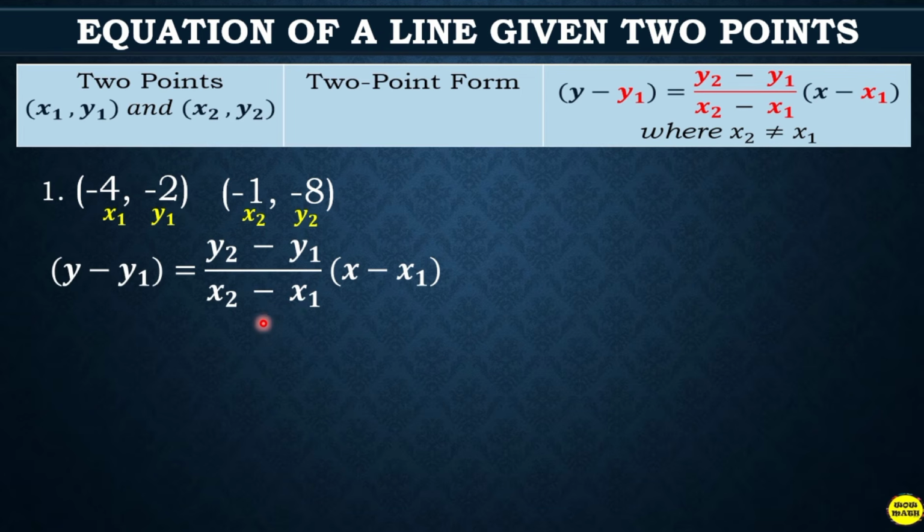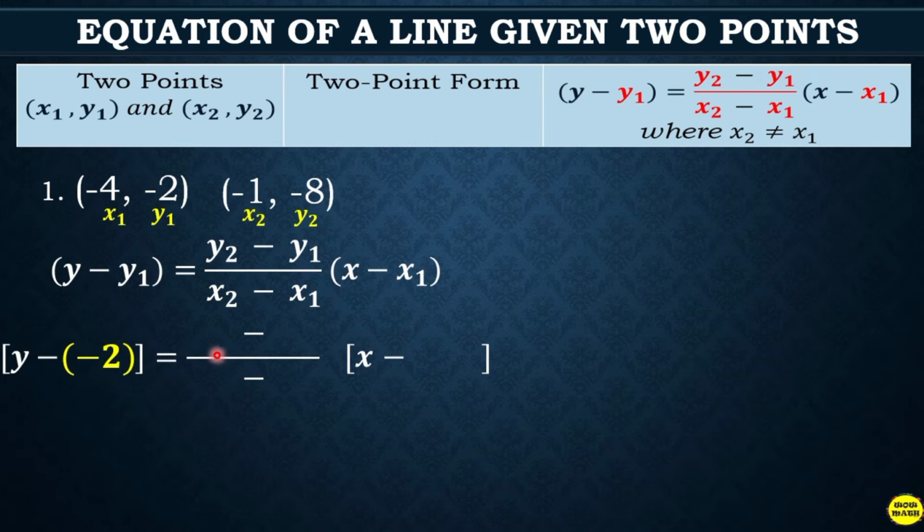Okay, so ito ang ating gagamitin. Ganun pa din. So, blanco natin yung mga kailangan natin. So, your y sub 1 is negative 2. Your y sub 2 is negative 8. Tulungan nyo akong i-check yung ating sinasubstitute ha. Kasi baka nalilito ako. And then your y sub 1 is negative 2. So ito po, since negative ulit siya, enclose natin siya sa parenthesis.